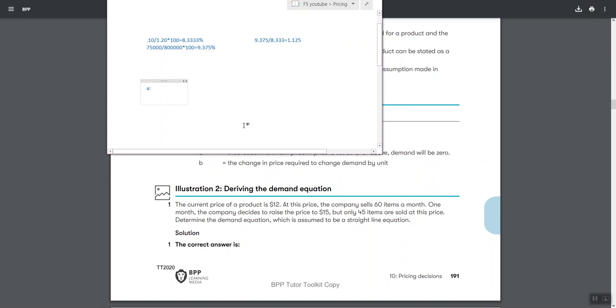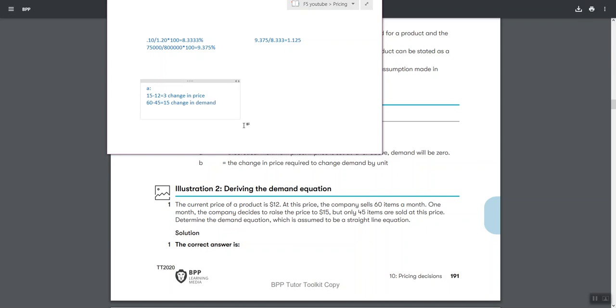They said here, when price is changed to 15, which is a 3 change in price, demand changes to 45, which is a 15 change in demand.